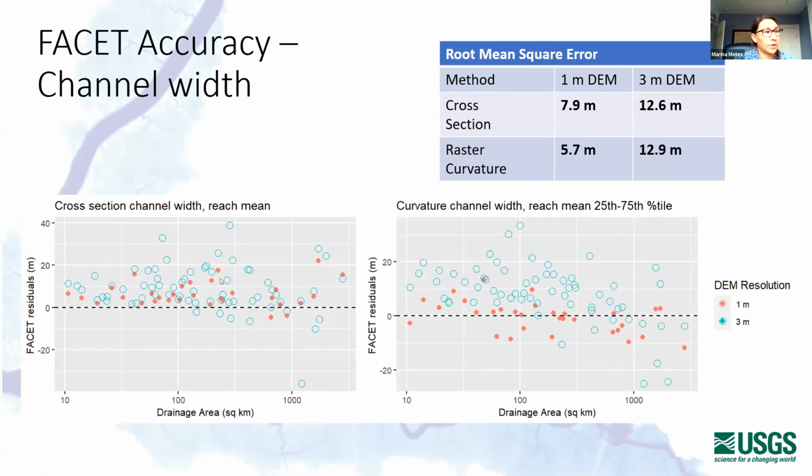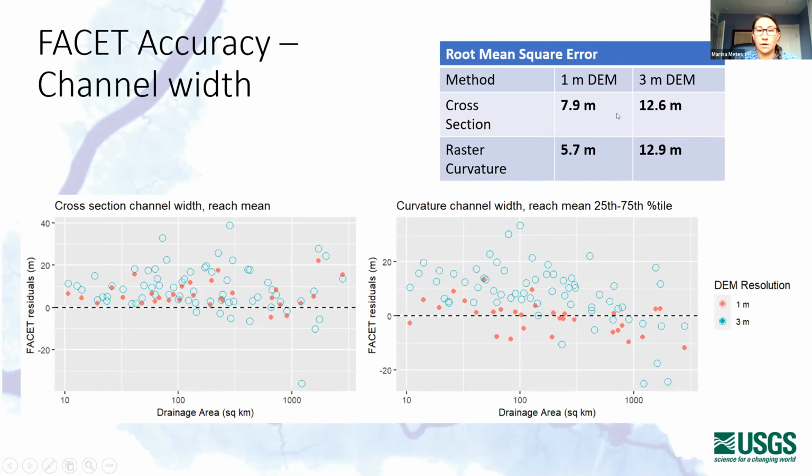For channel width, these graphs are showing the difference between the FACET values and the field values, with a positive value being an over prediction by FACET and a negative being an under prediction. On the left, we see the outputs from the cross-section method, which almost always over predicted channel width more in smaller drainage areas, and only really started to under predict in larger drainage areas.